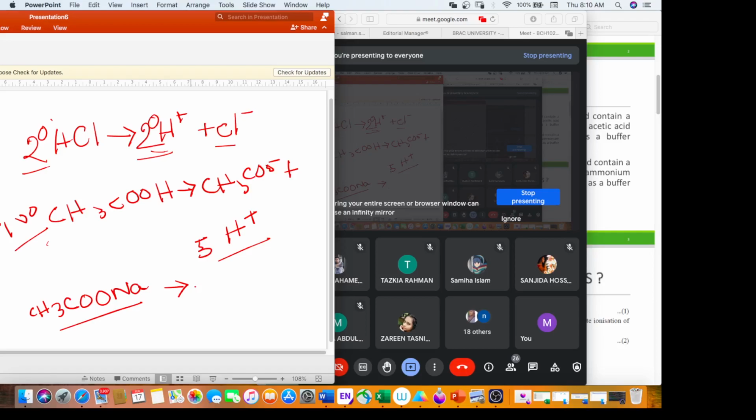So same here as well. A basic buffer will contain a base and its corresponding salt. So we know that ammonium hydroxide is a base, right?